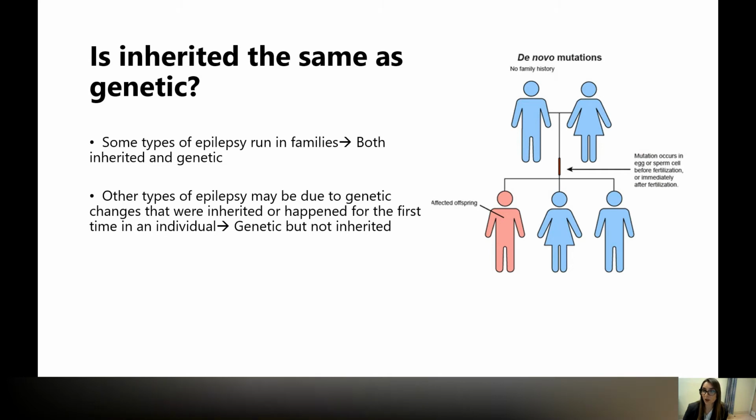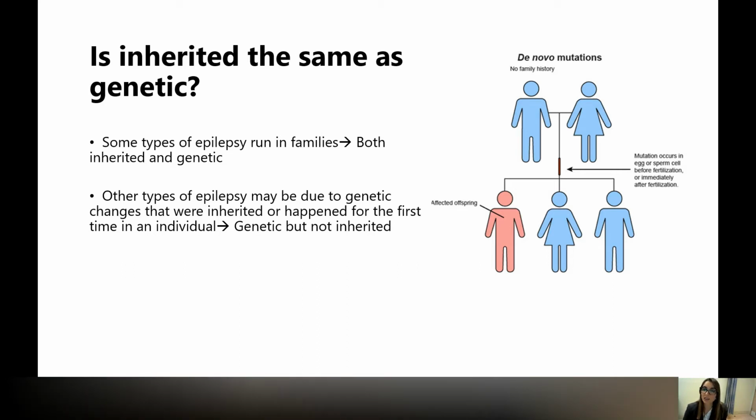Now this next image actually shows that there's only one person affected and the parents are not affected. So in that case, we say that this mutation, this genetic abnormality, is not inherited. So what happened in that case?